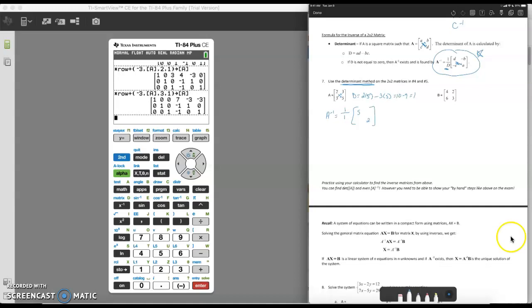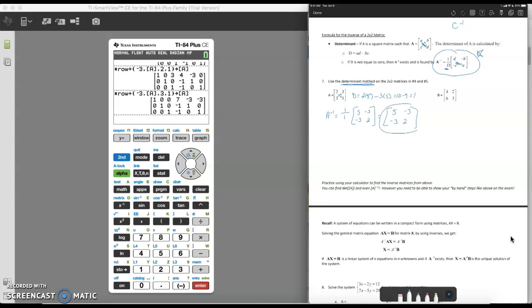And then the other diagonal stays in the same place, but it turns into their opposites. So these 3's don't move, they just both turn into their opposites. Now 1 over 1 is just 1, so there's not really anything to do here. This is just the answer. 5, -3, -3, and 2.